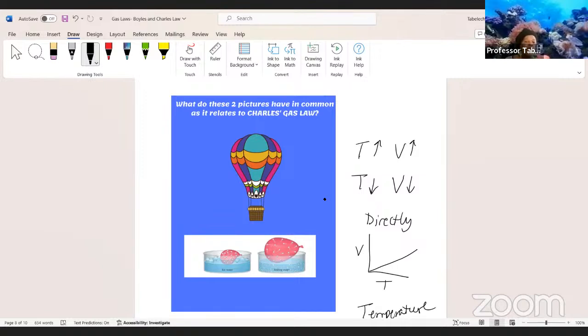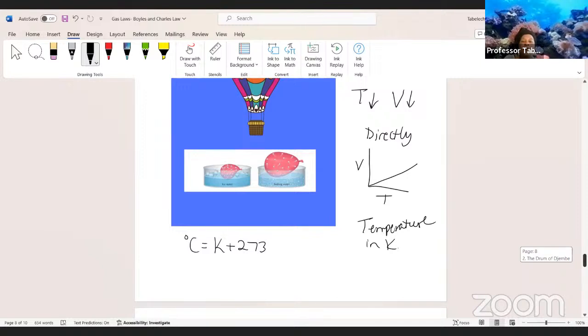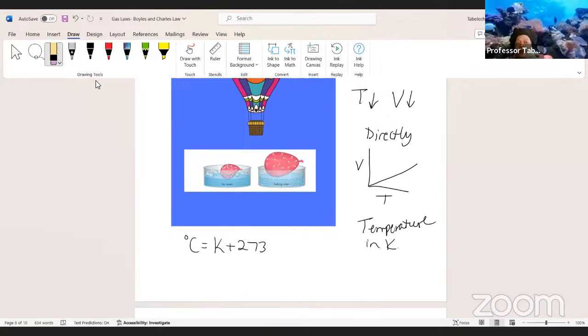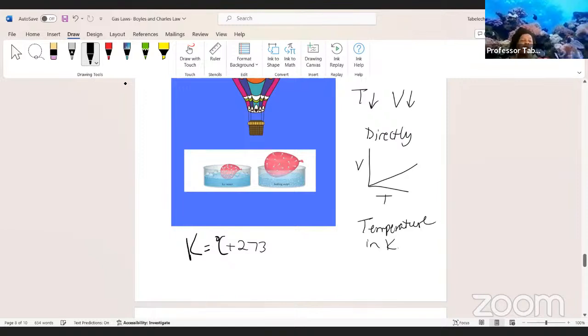Also, pressure remains constant. Your temperature also must be in Kelvin. So if the temperature is in degrees Celsius, to get your Kelvin, it's degrees Celsius plus 273. That is what you have to remember when it comes to Charles's law.